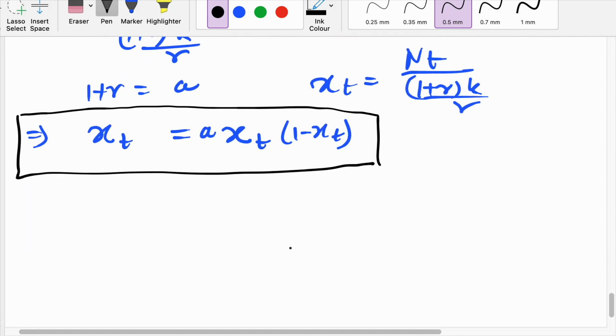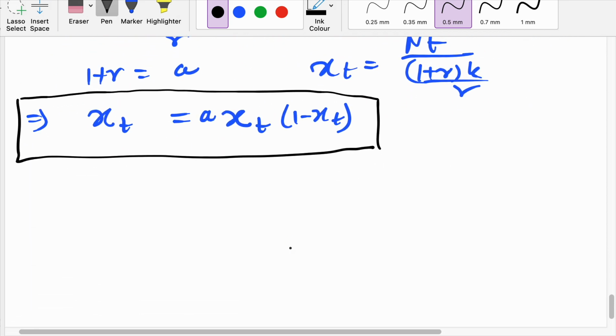Now let me tell you what is happening here. There is one hidden assumption, it is t plus 1. The assumption is that if there is a population whose individuals do not have overlapping generations, that means they reproduce their offspring and the older ones die, and they reproduce only once in their lifetime.